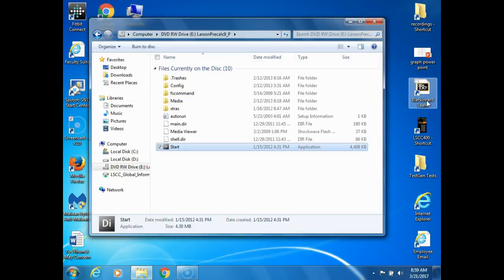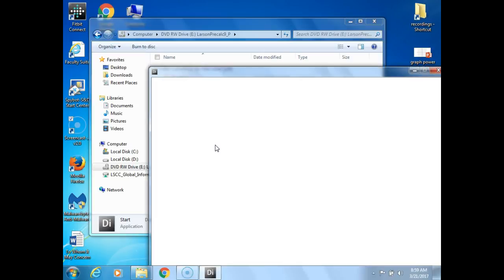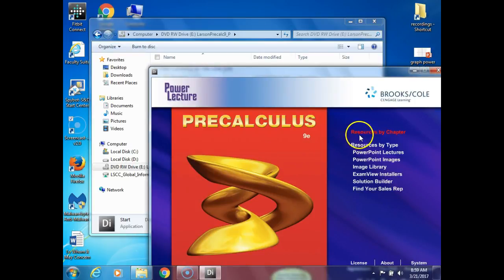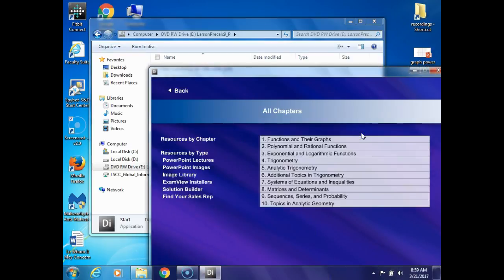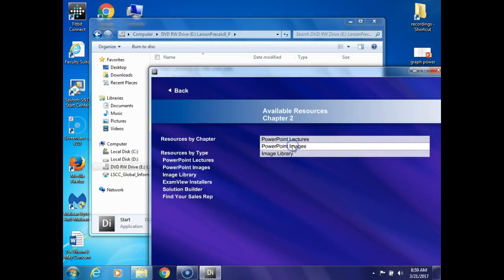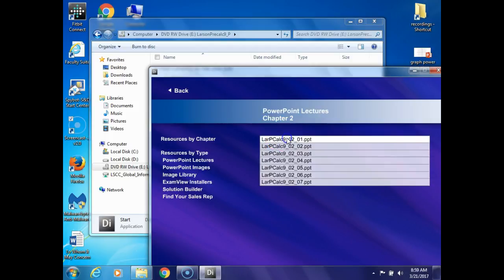Yeah, it went back to 2.4. Here we go through this again. All right, so this is our chapter.